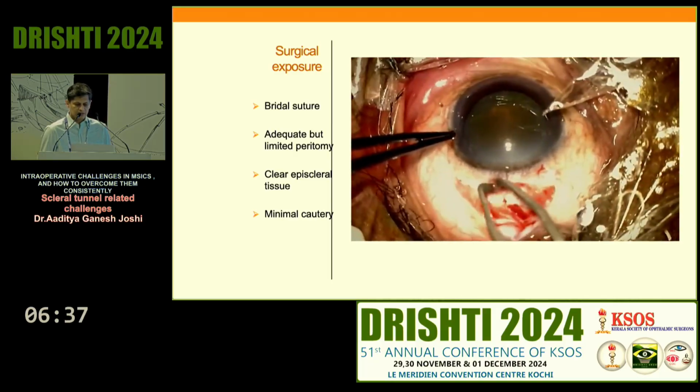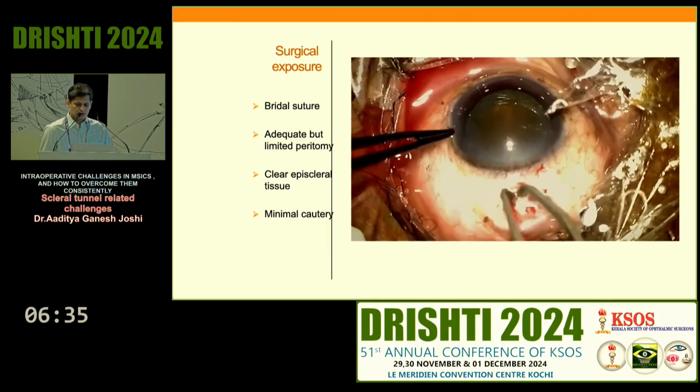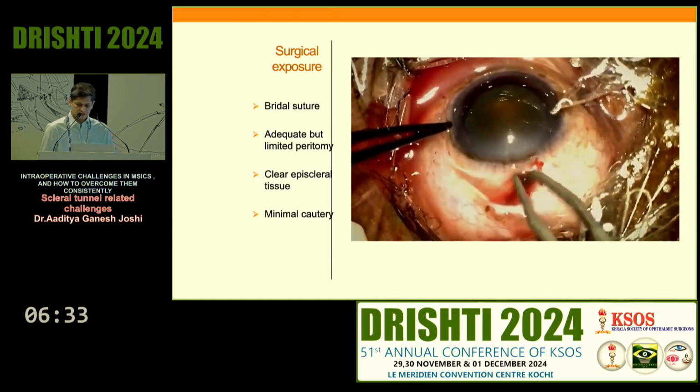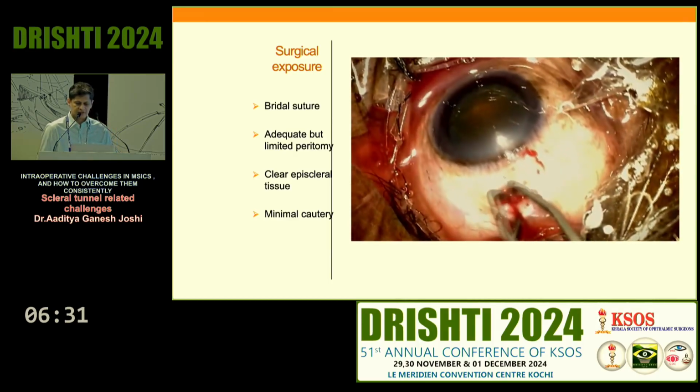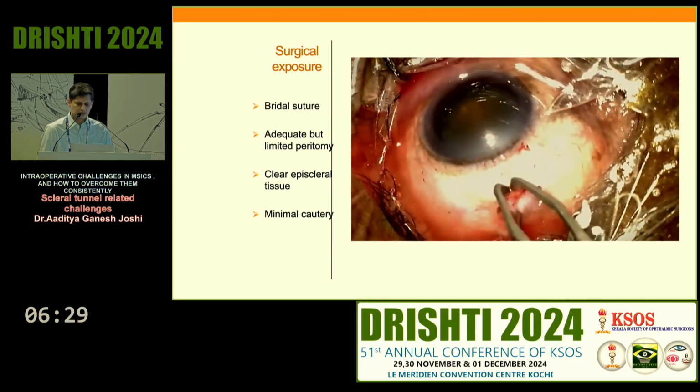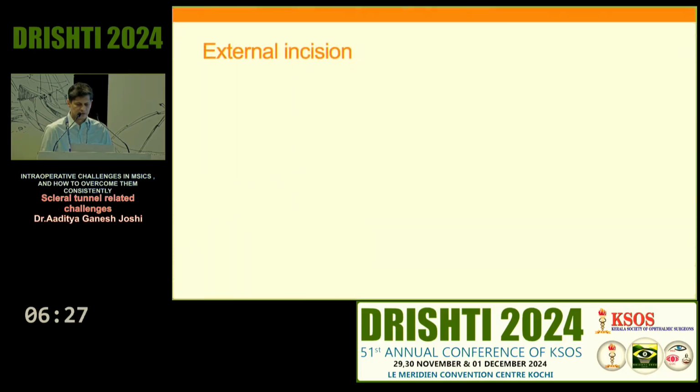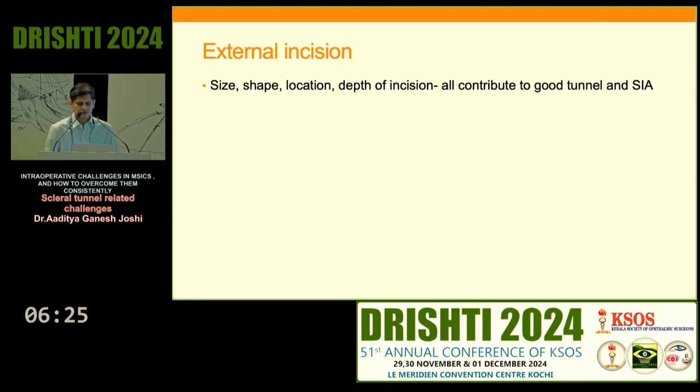And then do a minimum cautery. Do not over-cauterize, otherwise it can cause more scleral inflammation and thinning later on and may lose the valve mechanism also. For the external incision, the size, shape, location and depth of incision all contribute to a good scleral tunnel.